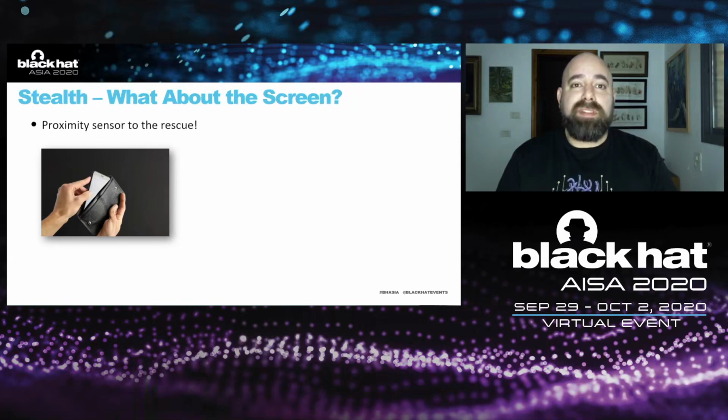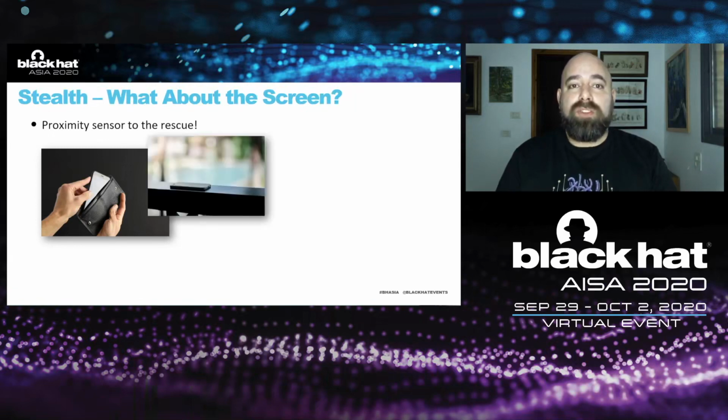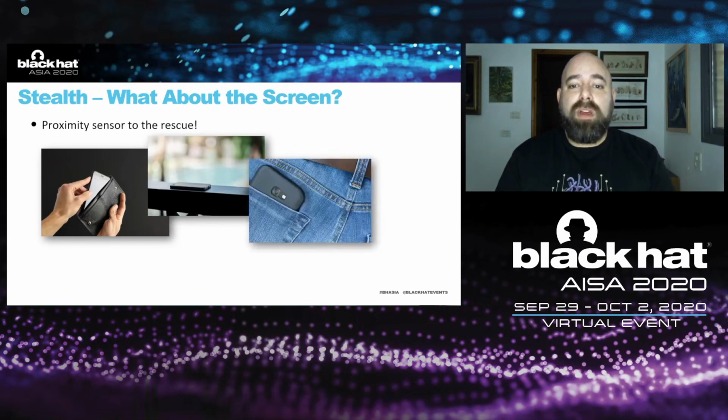For example, if it goes into a wallet or just laid upside down or in a pocket. In all these cases, the screen is off. So how about we ask nicely from the rogue app to wait until the screen is covered and only then take a picture or a video of its surrounding.